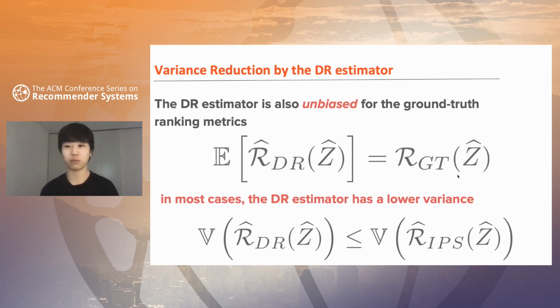This result is remarkable because using doubly robust enables us to accurately estimate the ground truth ranking performance, say, the ability of recommenders to obtain as many conversions as possible, even if the conversion indicators are highly sparse, which is a general setting in recommender systems. This is the result of the variance reduction as shown in our theoretical analysis. So this is the main theoretical and methodological result. Let's use doubly robust to estimate the ground truth ranking performance of recommenders using click-conversion two-stage user feedback.